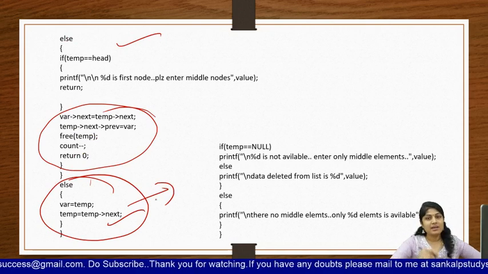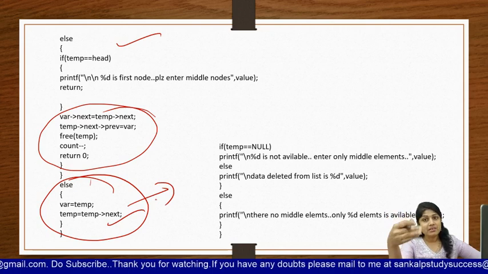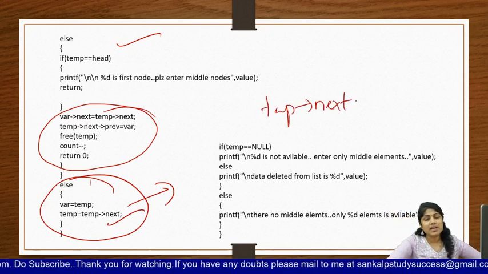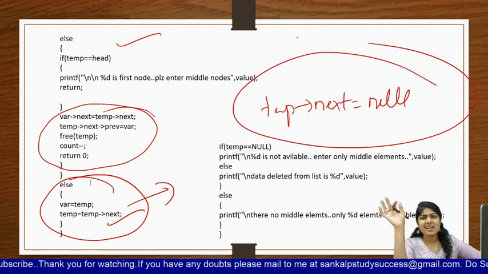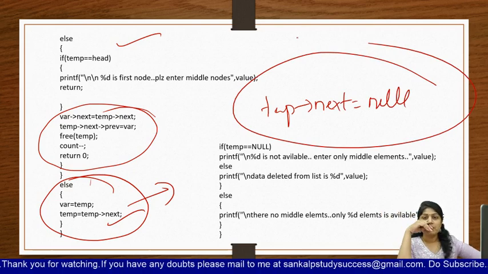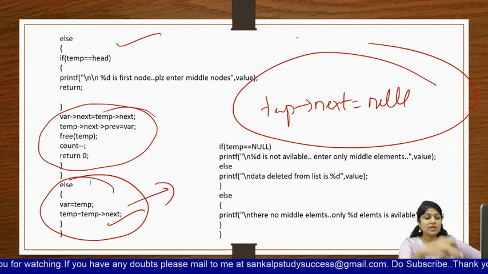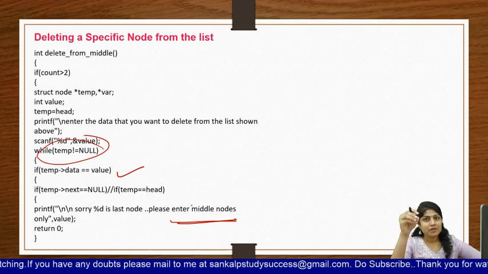So as we keep traveling, finally we reach temp to next equal to null. If we reach the temp to next equal to null condition, then that is the last node. So deletion is not possible because this is the condition for deletion at middle. So this statement will print please enter the middle of the node.